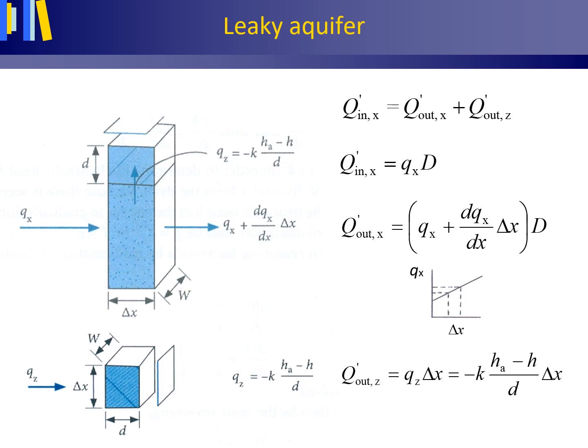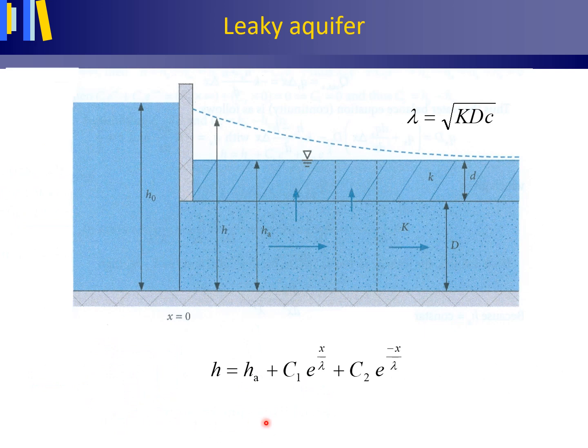Inserting all these equations in the above continuity or water balance equation and some smart mathematics, again, for those interested, study section M3 for full details, delivers the hydraulic head distribution of the aquifer with horizontal distance x as this equation, with lambda being the square root of Kd times C. So now we have a third equation for table 3.3 to add.